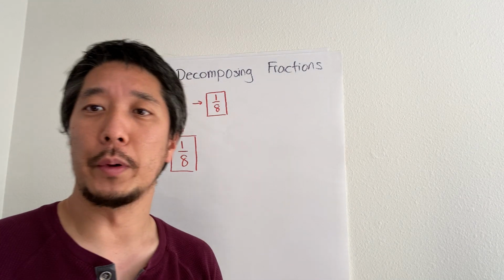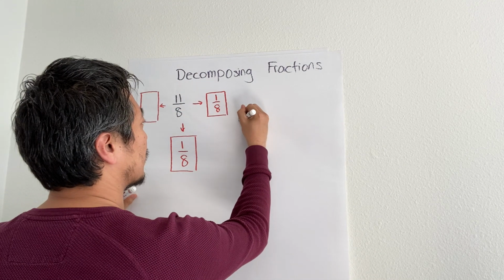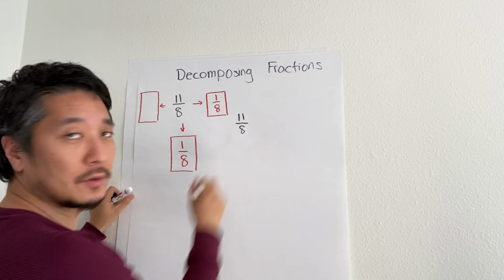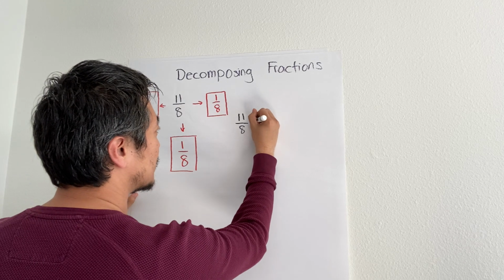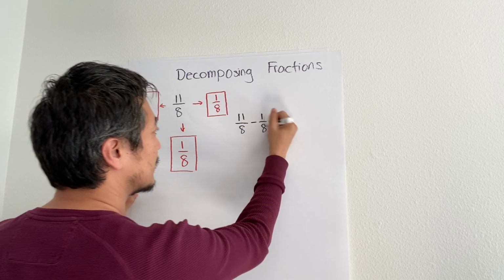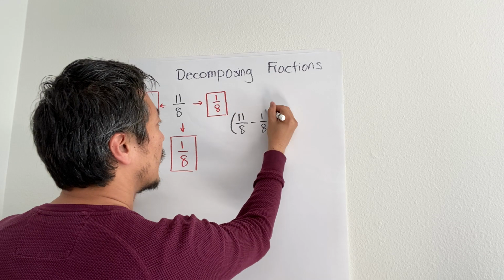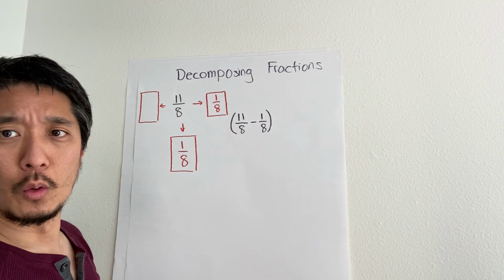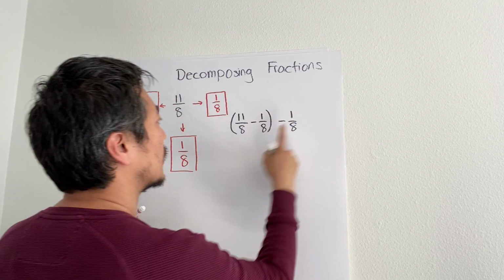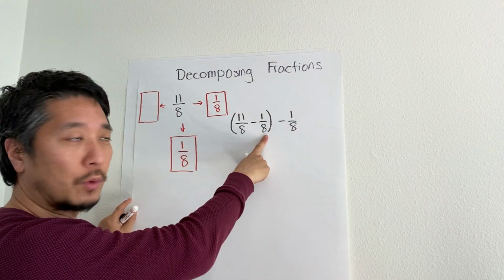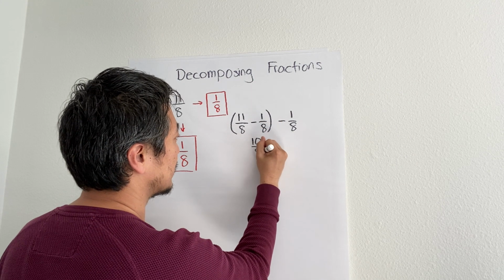All right, so we have 11/8, 1/8 and 1/8. There's another way I can write this down. I have 11/8, and I've already figured out 2 fractions, so I'm going to subtract 1/8, and then whatever the difference is, I'm also going to subtract another 1/8. 11/8 minus 1/8, remember, we don't touch the denominators, is 10/8.